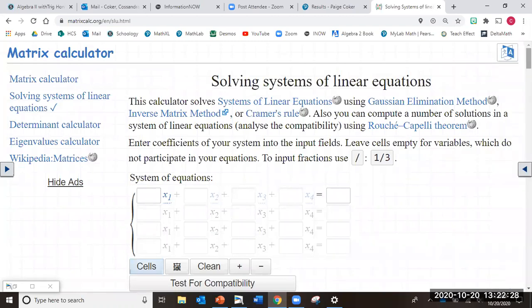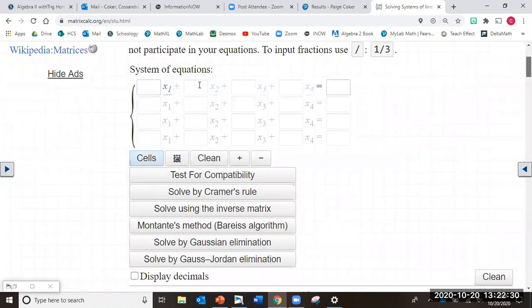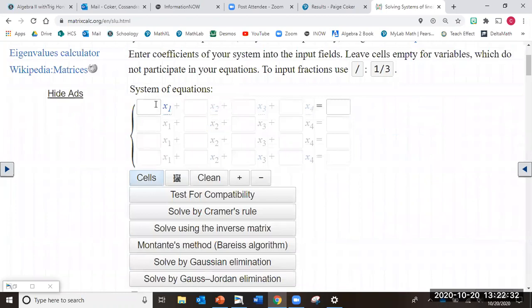Okay, you're gonna see rows and columns, of course, of boxes. So all you're gonna do is take that first row of numbers 1, 2, and then I'm gonna leave this blank because I don't have a third variable, and I'm definitely gonna leave this blank. I didn't have a fourth variable, and I'm gonna set it equal to negative 5.